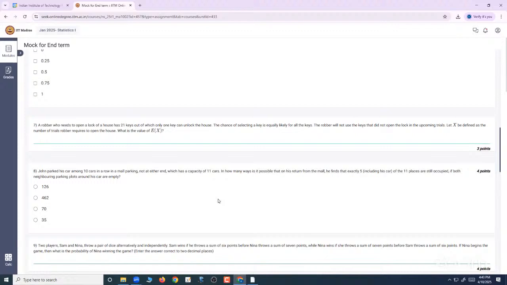So expectation of a uniform distribution is A plus B divided by 2, because the probability is equally likely, right? Yeah, got it.